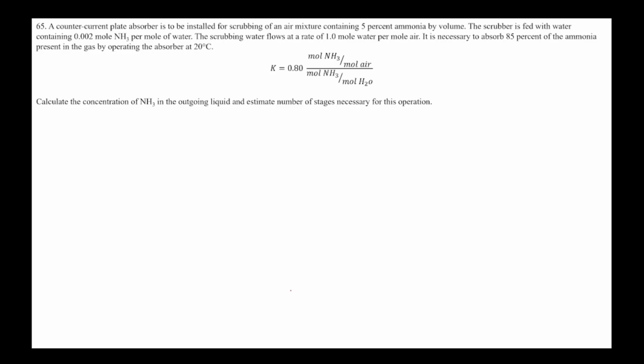Now, a counter current plate absorber is to be installed for scrubbing an air mixture containing 5% ammonia by volume. So suppose we have this. 5% ammonia NH3.